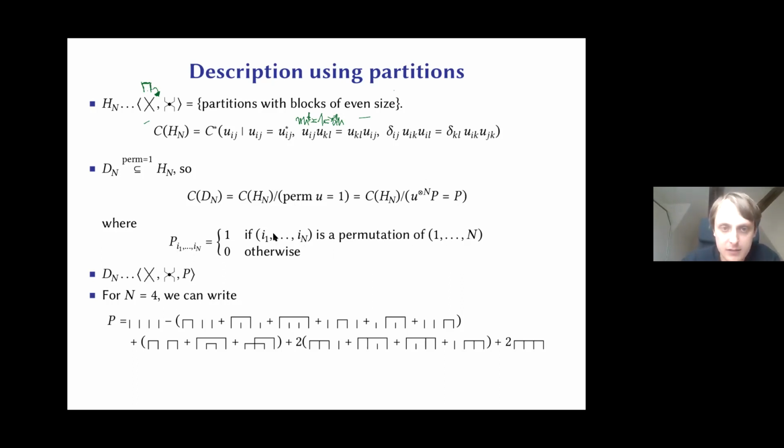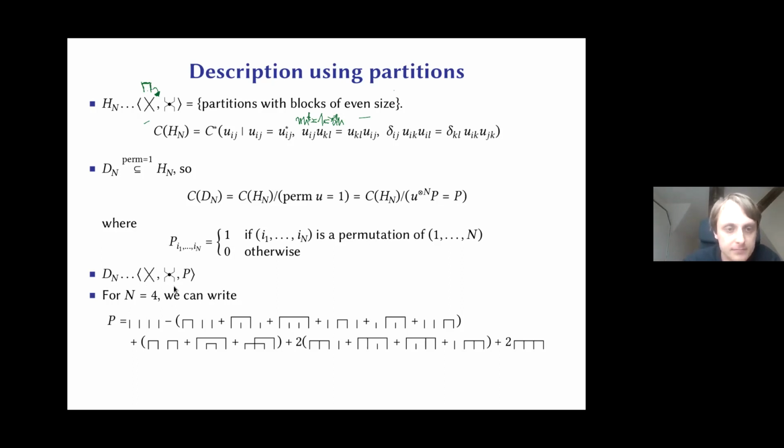If two of those indices coincide, then it is 0, and if they are mutually different, then it's 1. This relation exactly corresponds to the permanent equals 1. So what we can do is take this category and add this P to the generators here.